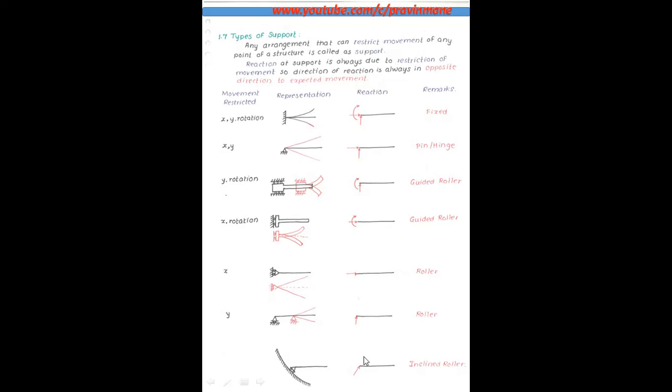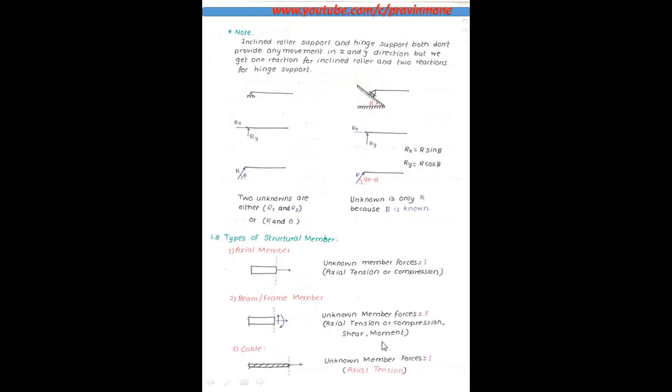If we resolve it, as you know, resolution of force and composition of force, you have studied in strength of materials or engineering mechanics. Now note, inclined roller support and hinge support both don't allow any movement in the X and Y direction, but we get 1 reaction for inclined roller and 2 reactions for hinge supports. So this is a hinge support and this is the inclined roller support.